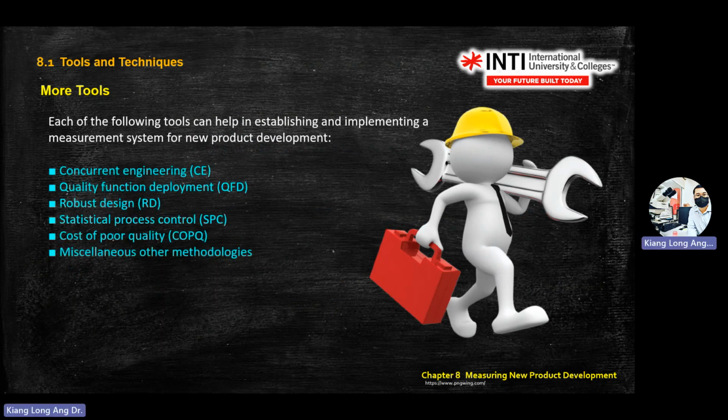So these are the tools that you'll be using. Concurrent engineering we already cover in chapter 7. Quality function deployment, I'll give you information later. Robust design, statistical process control, we already covered for the P chart, C chart, and also the mean chart, range chart just now. Okay.